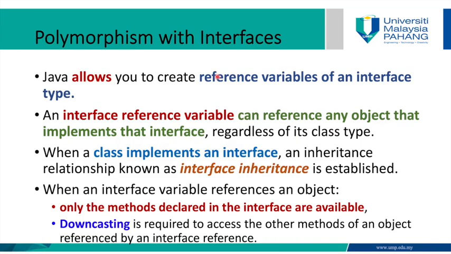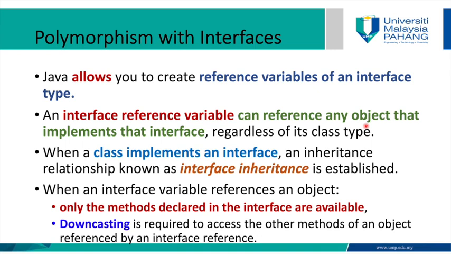How about polymorphism with interfaces? Java allows you to create reference variables of an interface type. An interface reference variable can reference any object that implements that interface, regardless of its class.